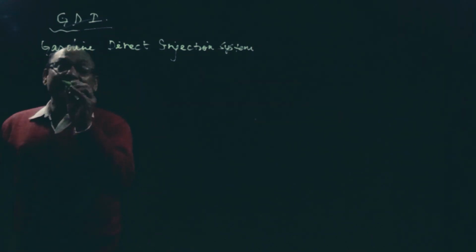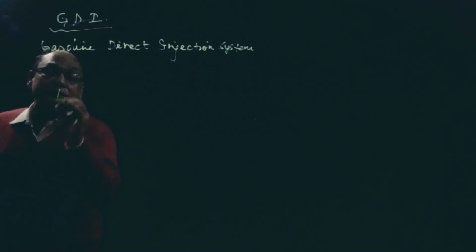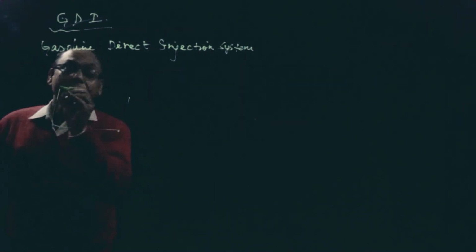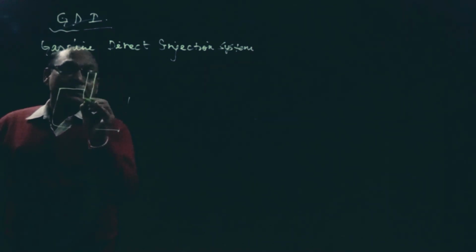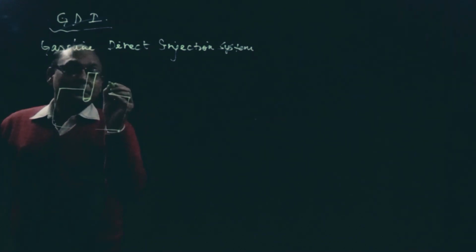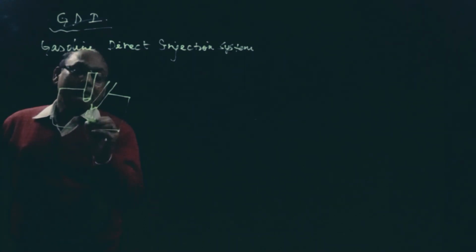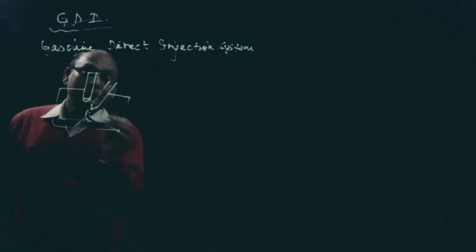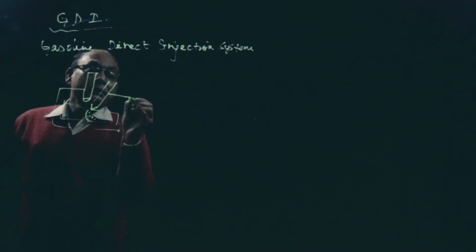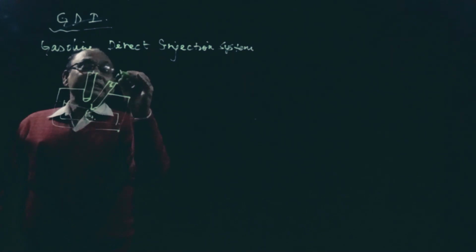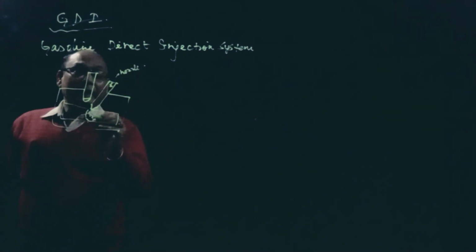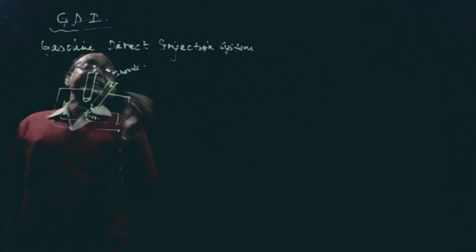Here, so many sensors are being used. Suppose this is the cylinder. So this is the nozzle, a high pressure nozzle, and fuel is coming to the cylinder directly.